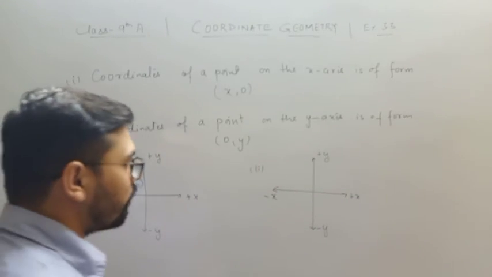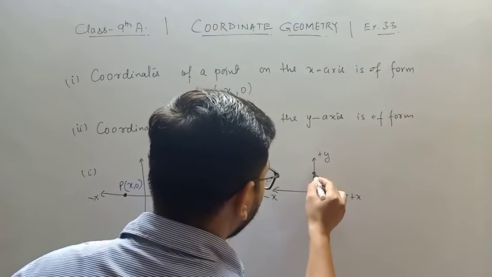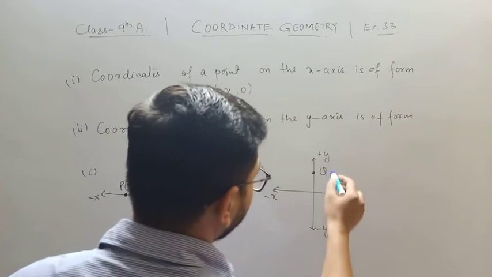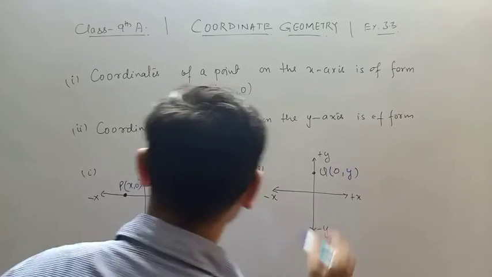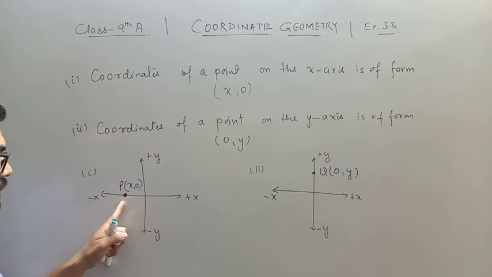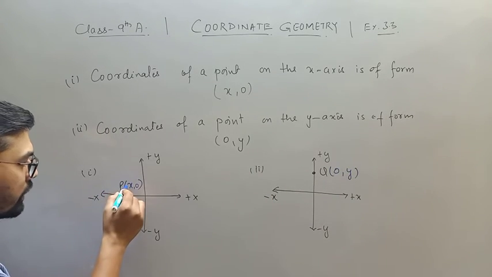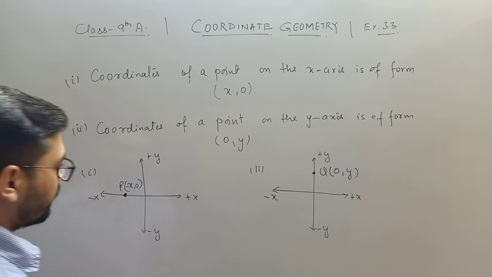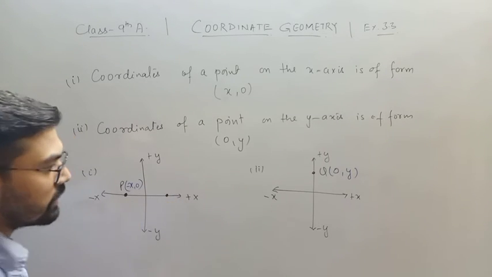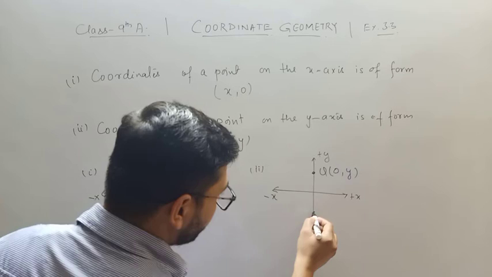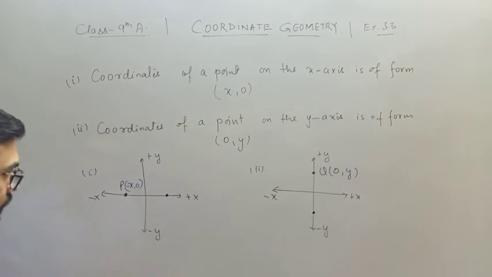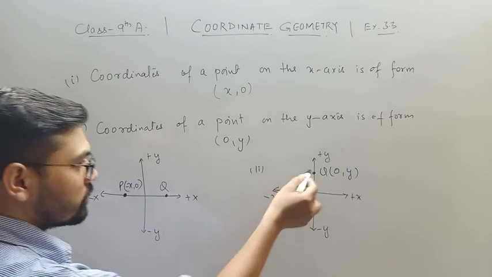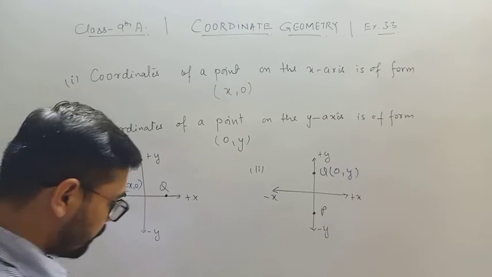So let's say I have a point Q here on the y-axis. So the coordinates will be 0 comma y. Now let's say there's a point on the negative x-axis, and similarly there is a point on the negative y-axis. If this is a point P, then let's say this point is Q.